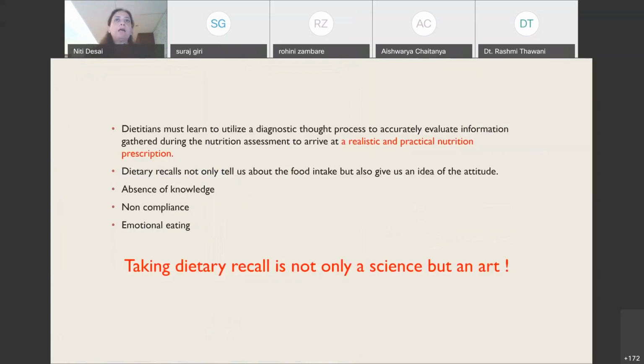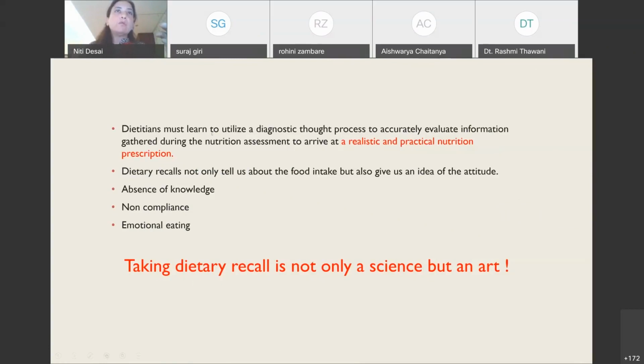So in the end, I would like to say that dietitians must learn to utilize a thorough diagnostic process to accurately evaluate information gathered during the nutrition assessment to arrive at a very realistic and practical nutrition prescription. I think that is the most important thing.